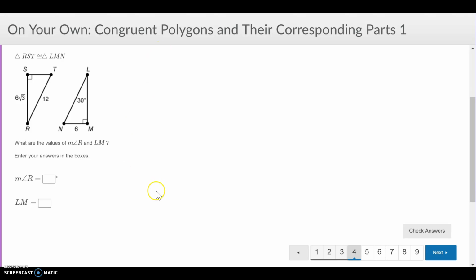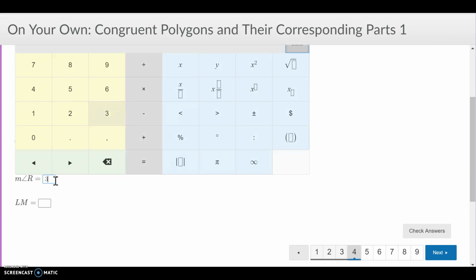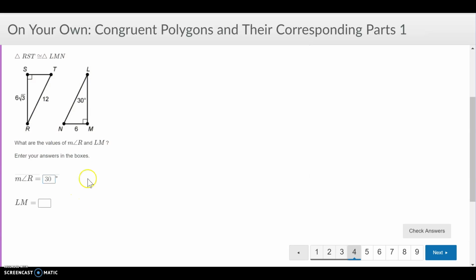All right, these I like. We just have to see what's corresponding. So we're finding the measure of angle R. This is just like flipped around. So R is corresponding with L, and it says the L is 30 degrees. Okay, and then we have LM, which is on this side of the right angle.